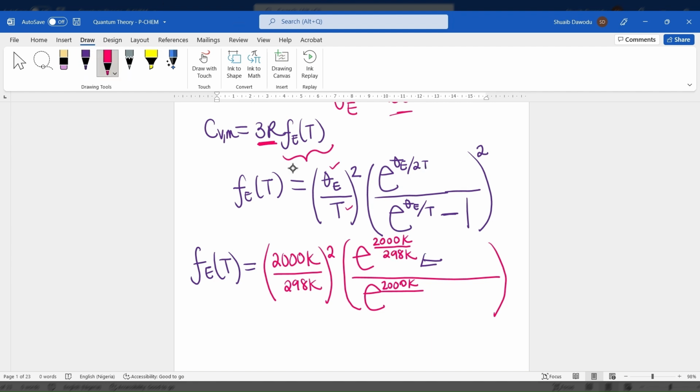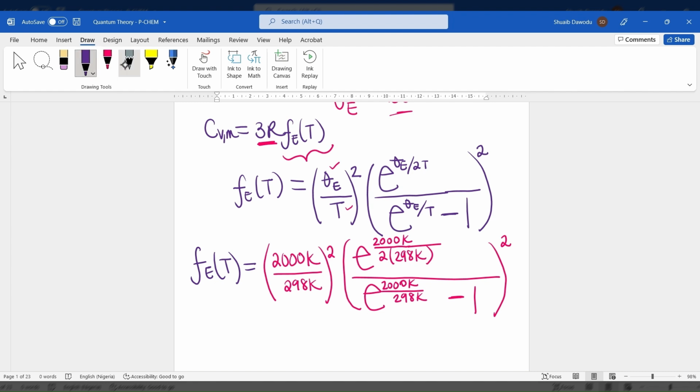So e to the 2000 Kelvin divided by 2 times 298 Kelvin. Then at the bottom, we have e to the theta sub E divided by T, so e raised to the power of 2000 Kelvin divided by 298 Kelvin, minus 1, raised to the power of 2.